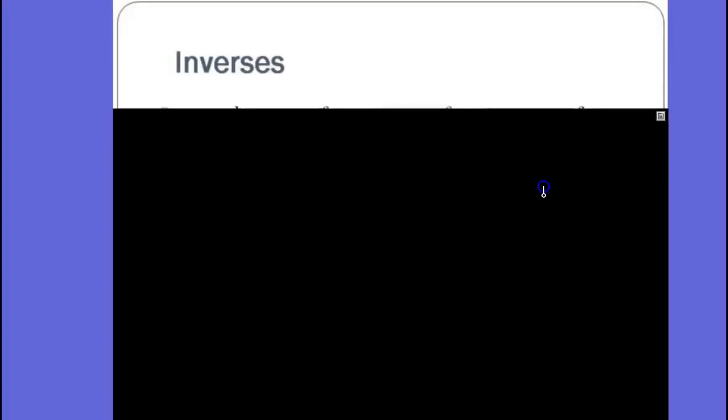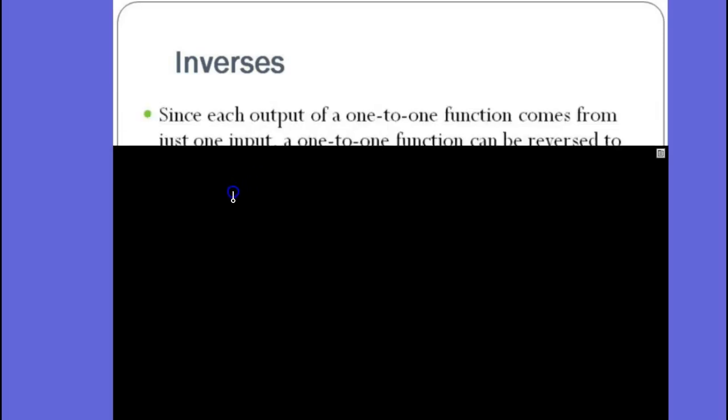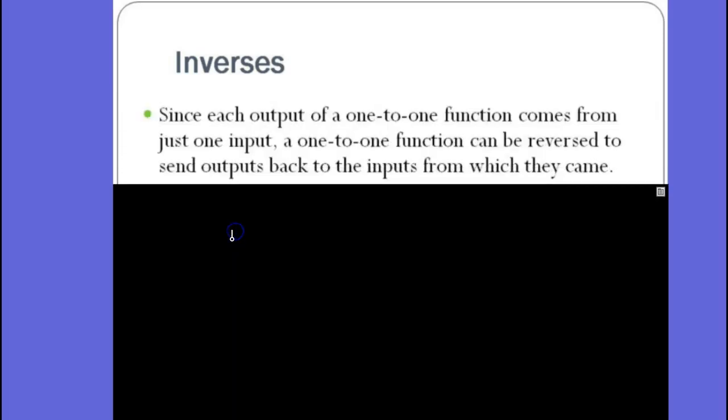Okay. Why talk about one-to-one when I told you today is about inverses? Well, there are some properties of inverses that need an understanding of one-to-one. Since each output of a one-to-one function has only one input, a one-to-one function can be reversed so that we have an inverse to it.